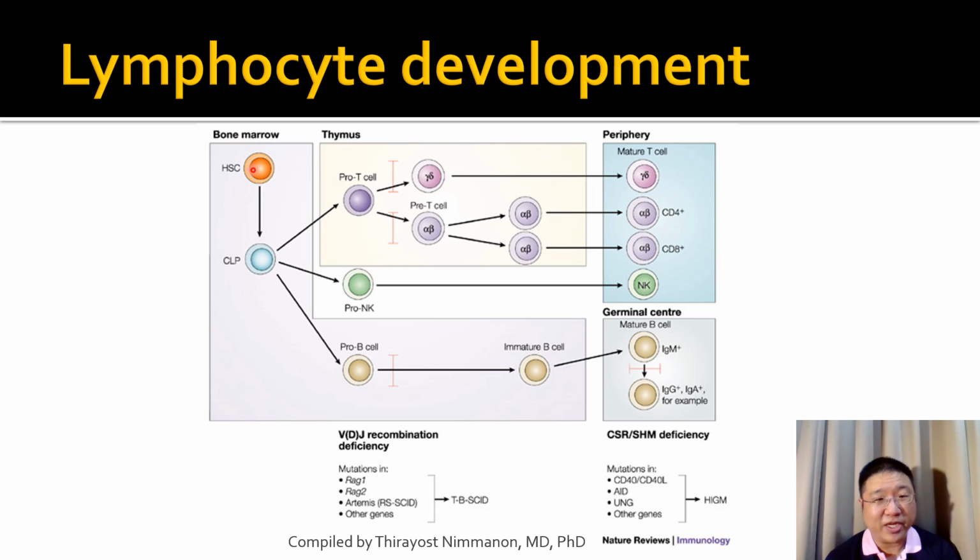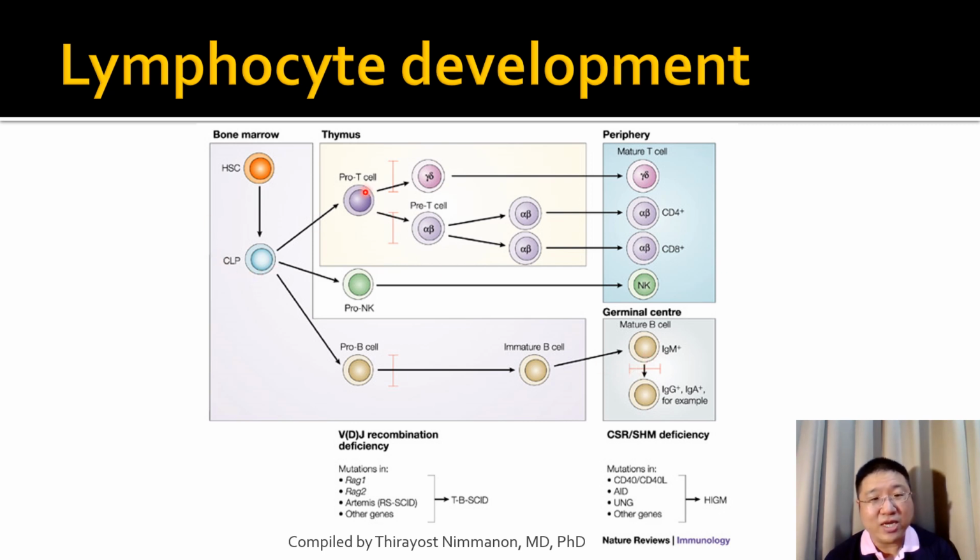And some hematopoietic stem cells will be committed to the lymphoid lineage, and some within the lymphoid lineage will remain in the bone marrow and develop into B cells, into pro B cells, immature B cells, and these immature B cells will migrate into lymph nodes to become more mature B cells and develop into plasma cells producing antibodies.